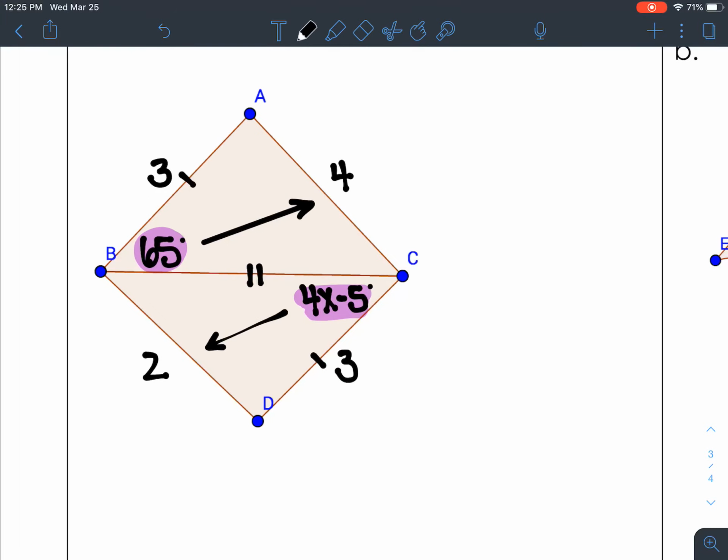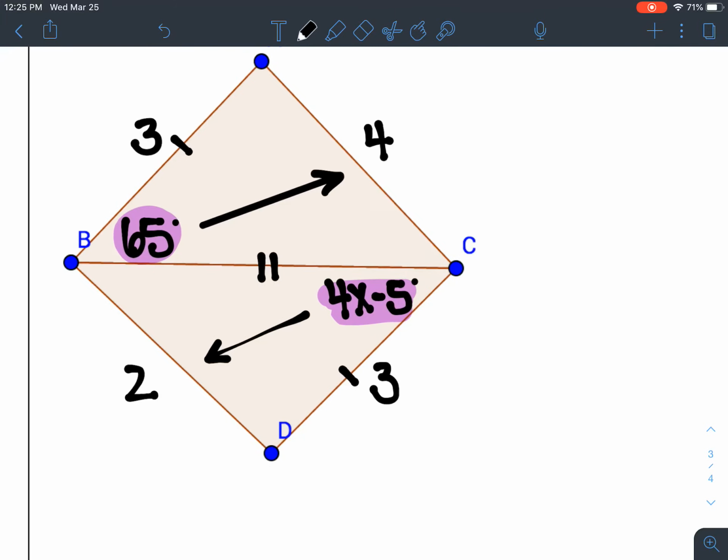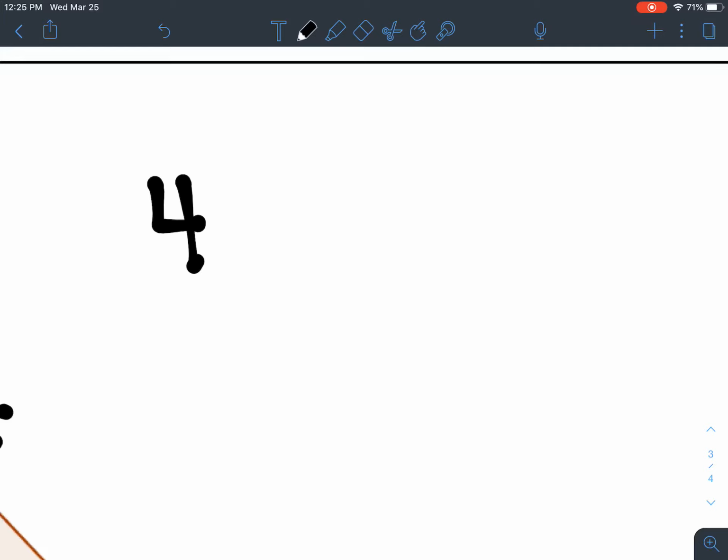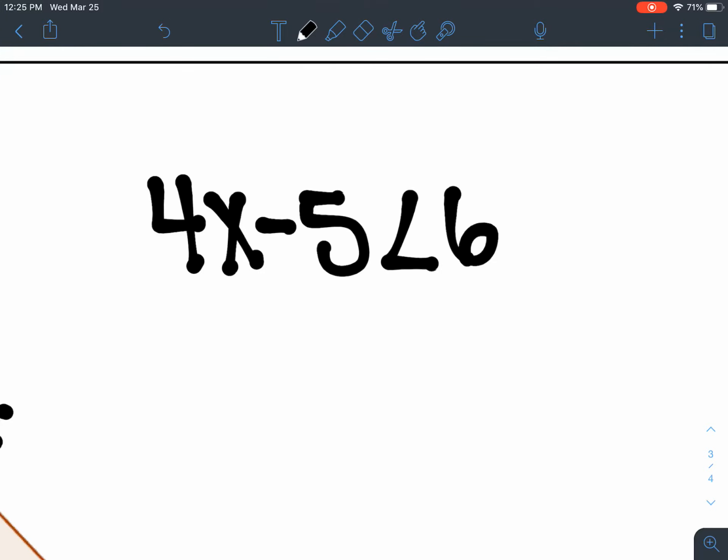So because I've done that, I know that this angle of BCD has to be less than that angle of ABC. And because we have that expression for BCD is 4x minus 5, and I like to start with my expression, I'm going to start off with saying that 4x minus 5 has to be less than 65.